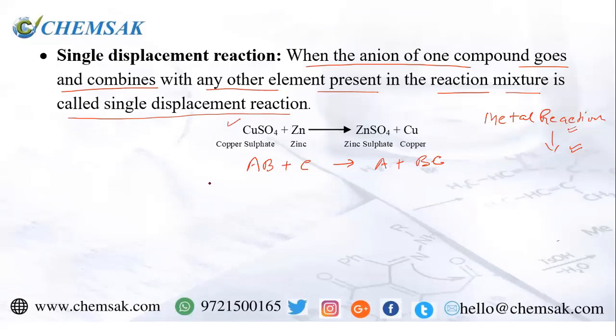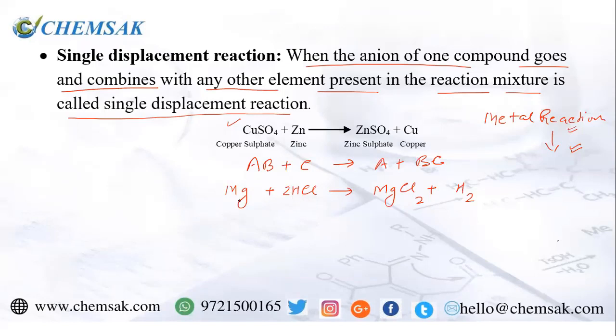Another example for this type is metal reacting with acid, then we get salt and hydrogen gas. This is for simple balancing here. Here magnesium displaces hydrogen.